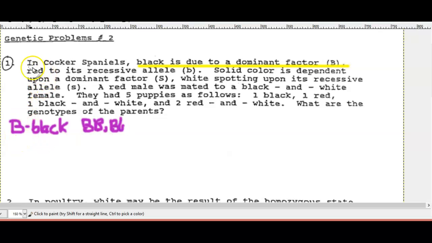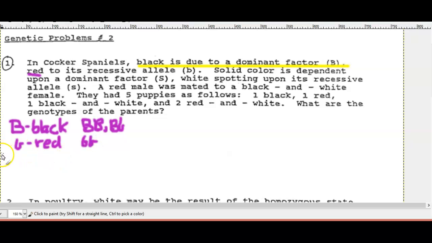And it says red is recessive. So it'll be, that's a B, not a G. It looks like a G. Let me do it over. So that is red. There's only one way to get red, and that is homozygous recessive.